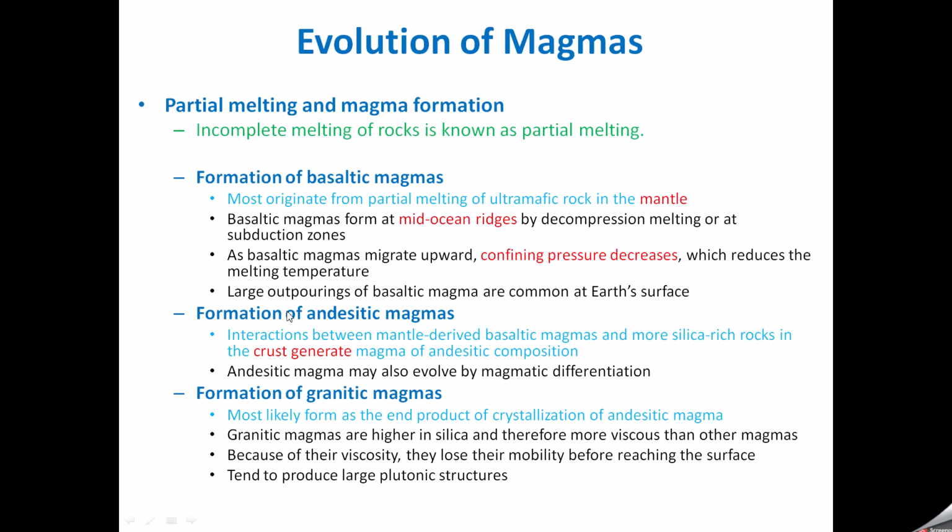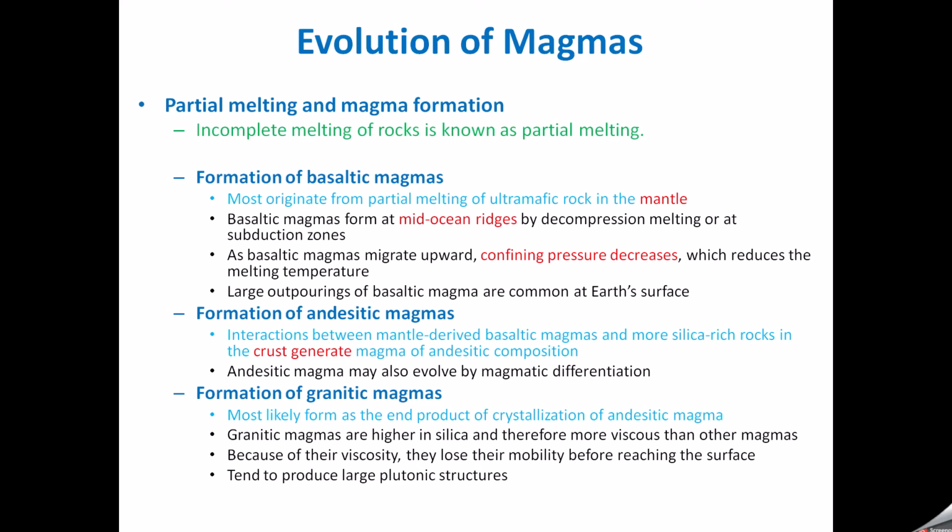So let's go to the formation of andesitic magmas. Interactions between mantle-derived basaltic magma and more silica-rich rocks in the crust generate magmas of andesitic composition. So when this basaltic magma reaches the crust, it will interact with the crust, which is the assimilation process.